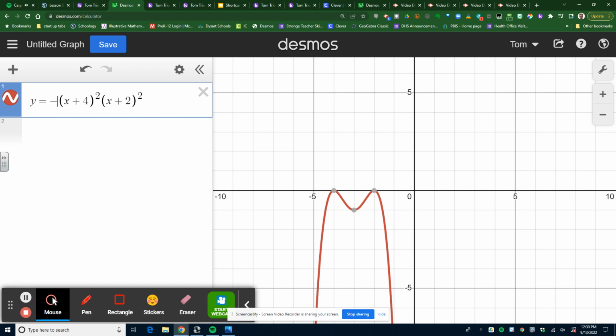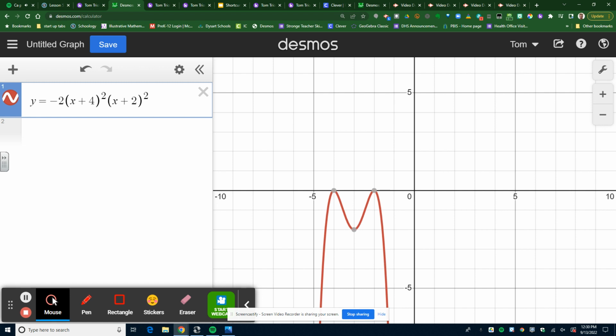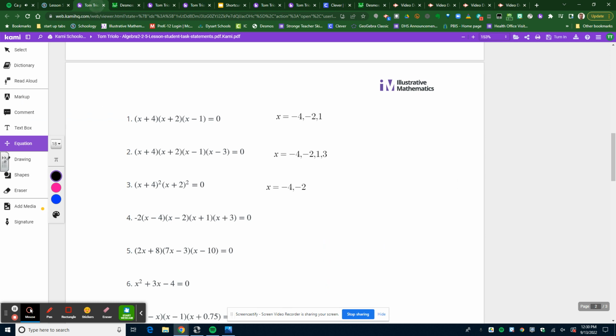Watch what the 2 does. Again, it didn't change the intercepts, but it elongates it. In mathematical terms, we say it stretches it. It's going to get to all of those y values twice as fast. So it doesn't affect the zeros. It is a quartic. It's basically the same as this one up here, except all the signs are switched.